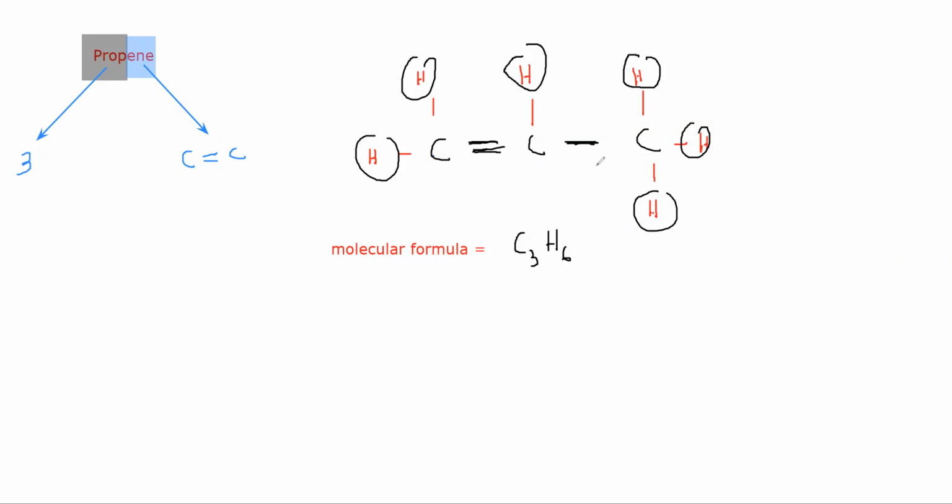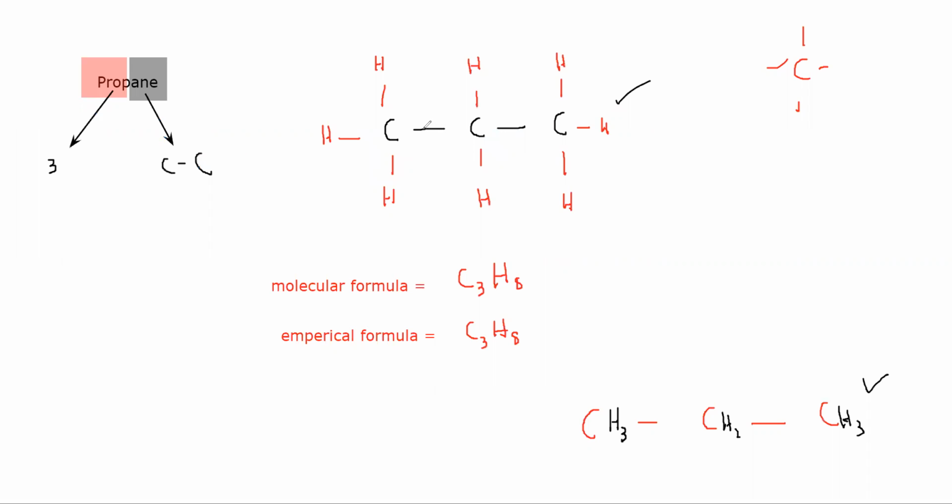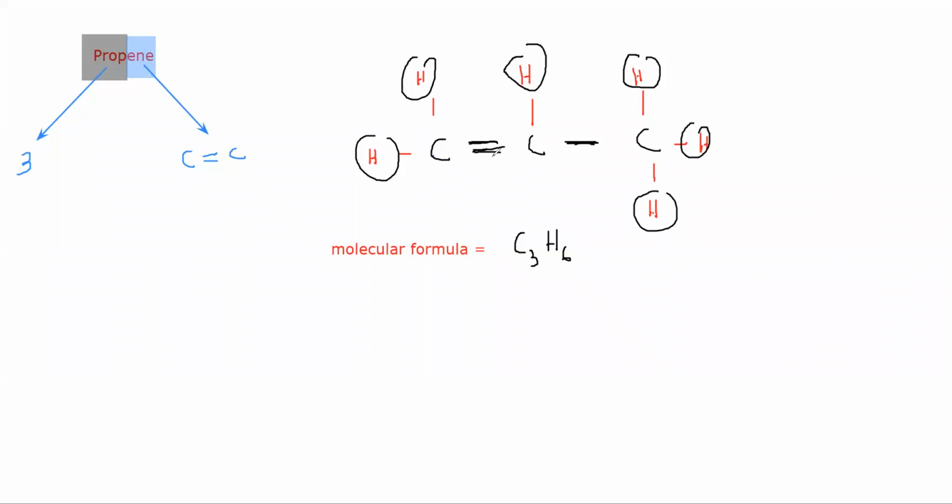In this example, because the first 2 carbon atoms have a double bond, the number of hydrogens decreases. In the previous example, when we were drawing propane, the first 2 carbon atoms have a single bond, so they can form bonds with more hydrogens. But in the second example, it is propene. The first 2 carbon atoms have a double bond, so the number of hydrogens attached to the carbon will decrease.